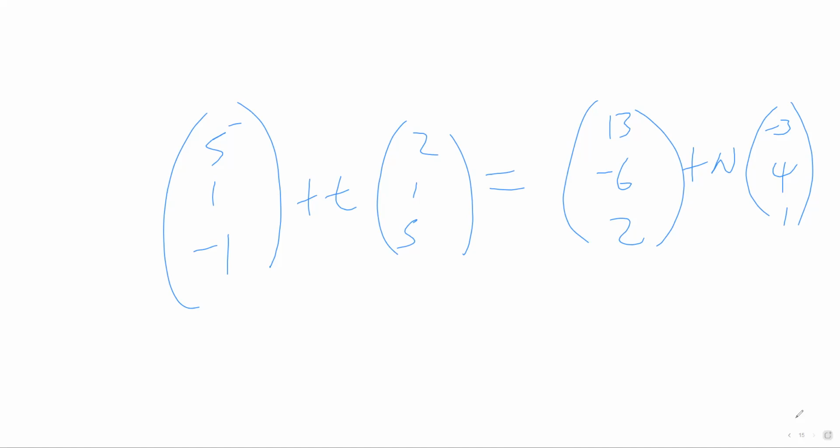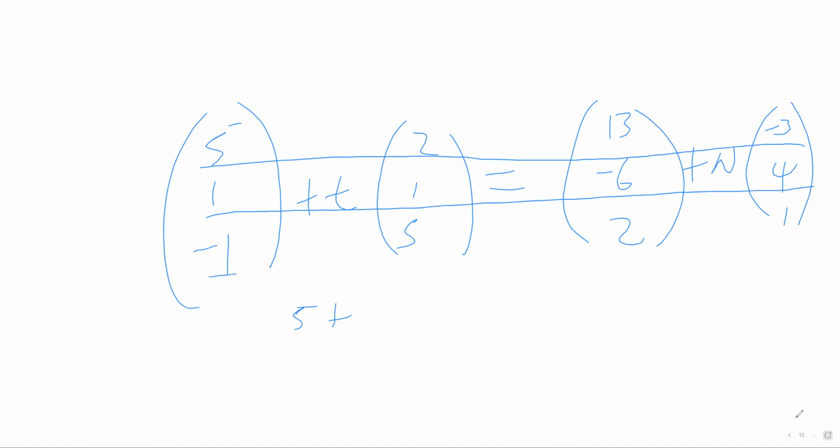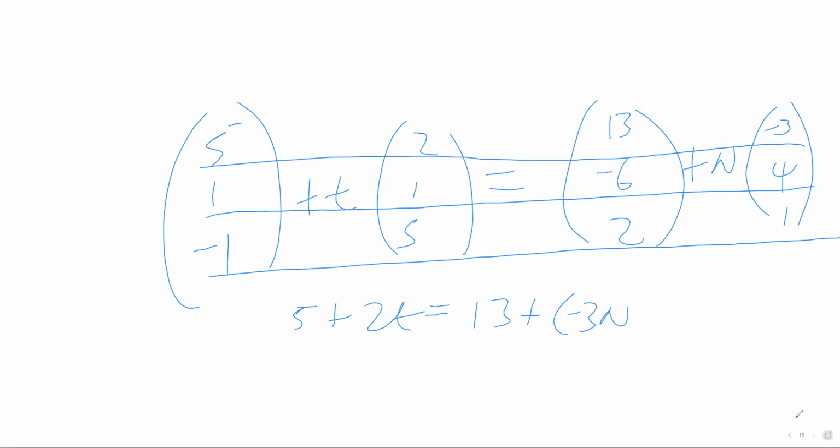So you just get them component-wise. 5 plus 2t is equal to 13 minus 3 mu. Then we have 1 plus t is equal to -6 plus 4 mu.